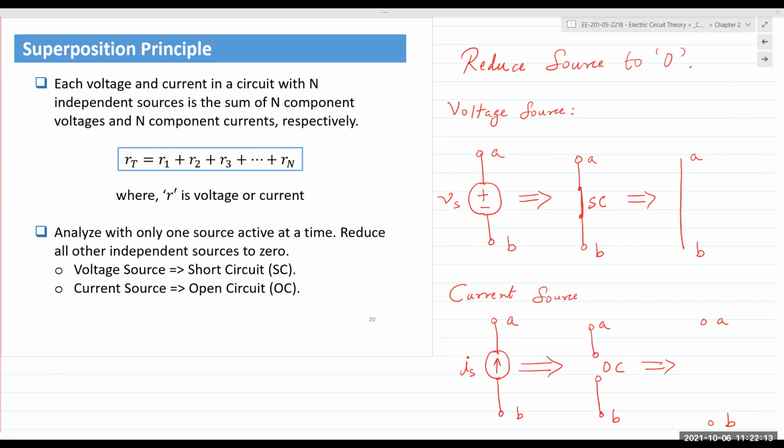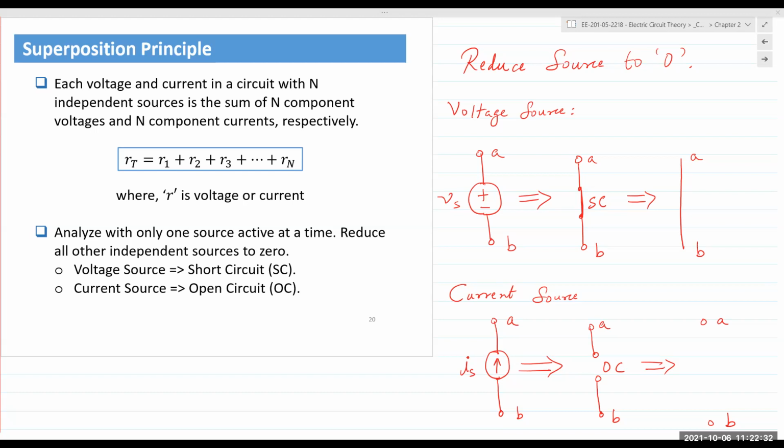This is so that we can apply the superposition principle. I will explain next with 2 examples. But does this make sense? How and why we do this? So you have to remember: voltage source, short circuit; current source, open circuit.